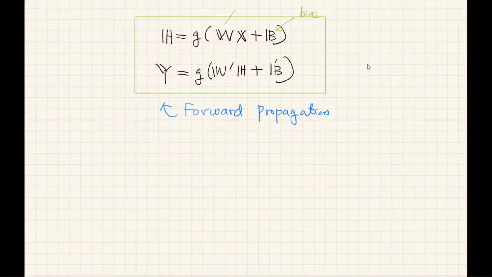And this is the W connection matrix. And this is the input vector. This G describes a sigmoid function.